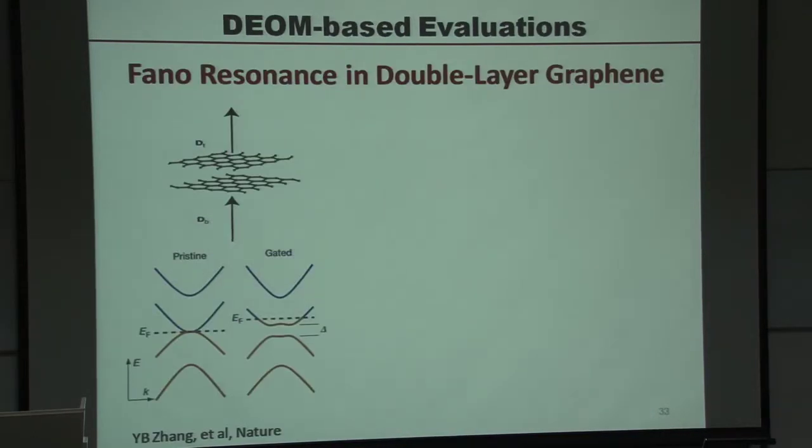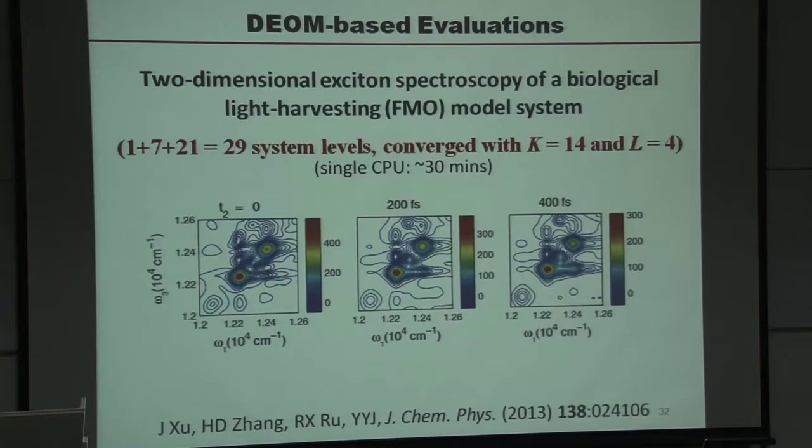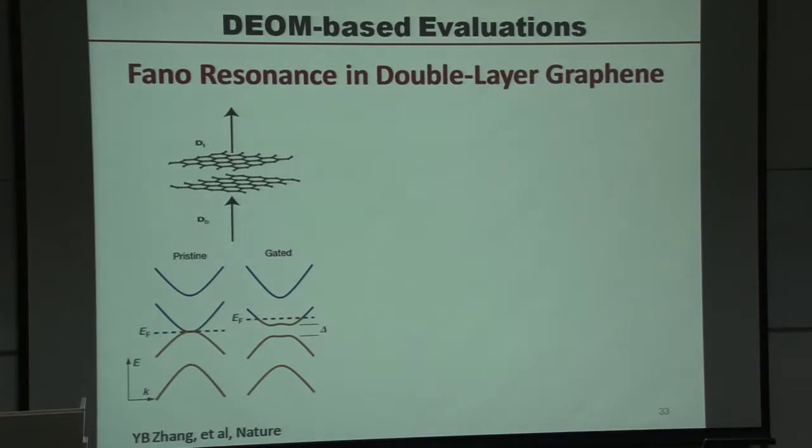Previously we talked about phonon baths. Now, for the second thing, we describe exciton baths. The case we consider is double-layer graphene. When we do not apply the gate voltage, the band gap is not open, like a Dirac cone there, and this is less useful.